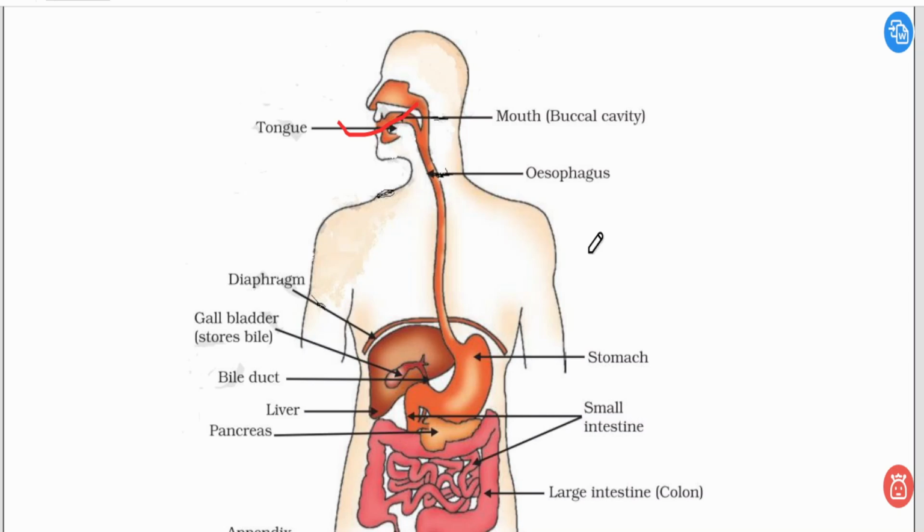This diagram is very important, as it might come in your exam. Sometimes in the exam, the diagram of this human alimentary canal comes, and you have to denote where what type of glands or organs are placed.